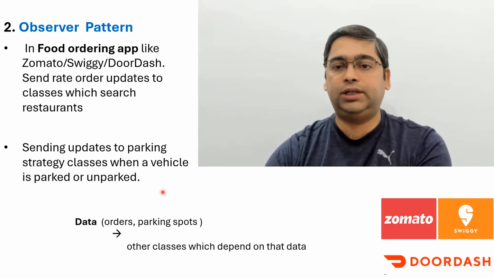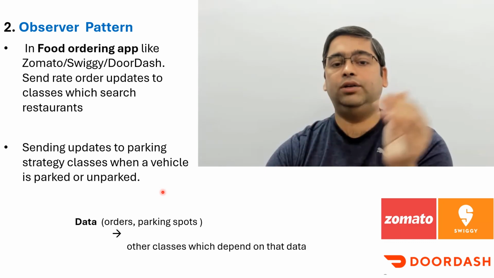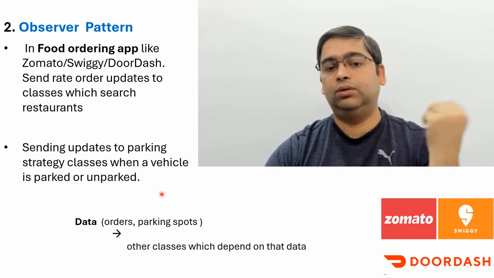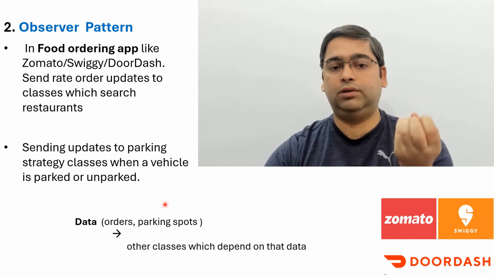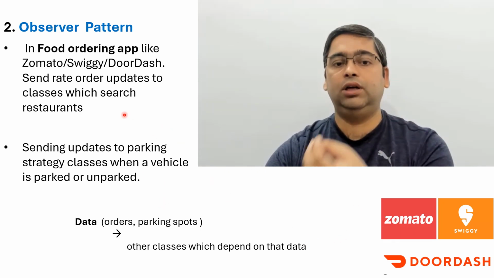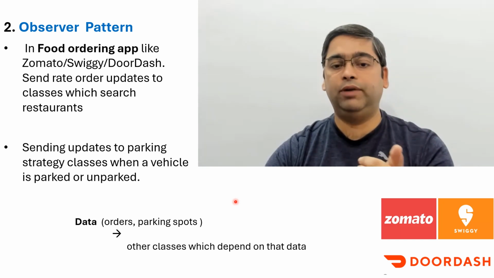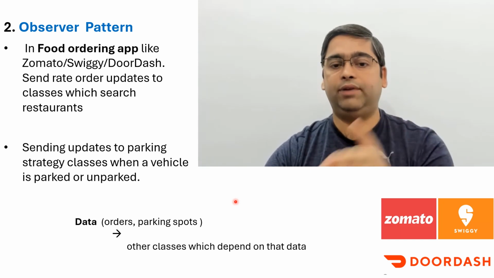We just saw the strategy design pattern, so there are different strategy classes which are used to do the same thing, but in different ways. So let's take the example of a food ordering app. You have different classes which return a list of restaurants when we search for some food item. Now we just saw that there can be multiple ways to do this. You can return the list of restaurants based on their average rating.